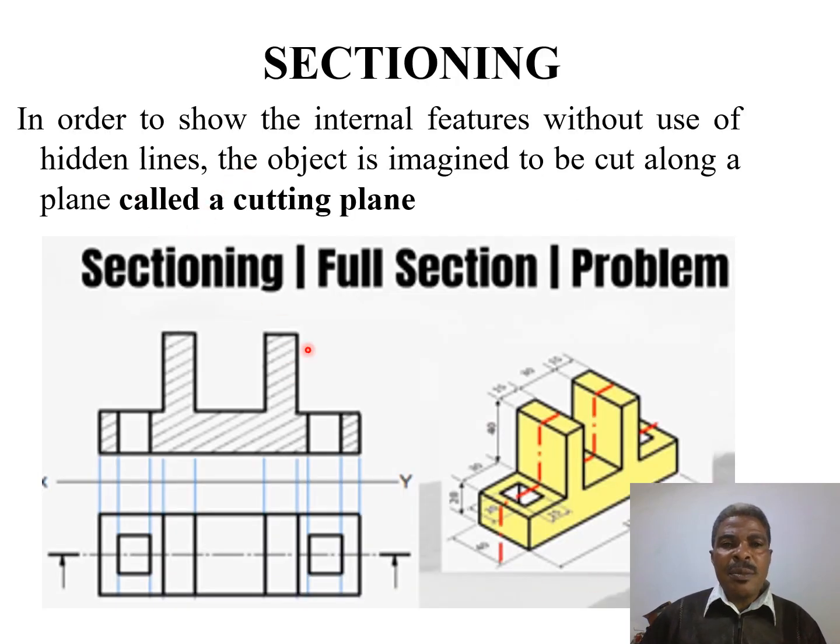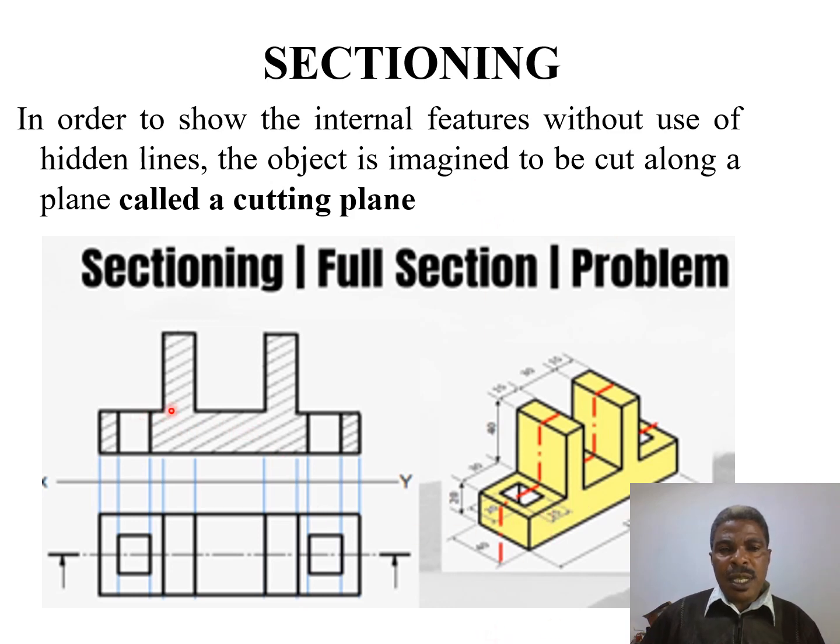So another example is provided here. We have another object. In order to show the internal features without use of hidden lines, as you can see, we cannot see the size of the holes here. This object has 2 holes. We cannot see them; we simply imagine the lines where they pass.